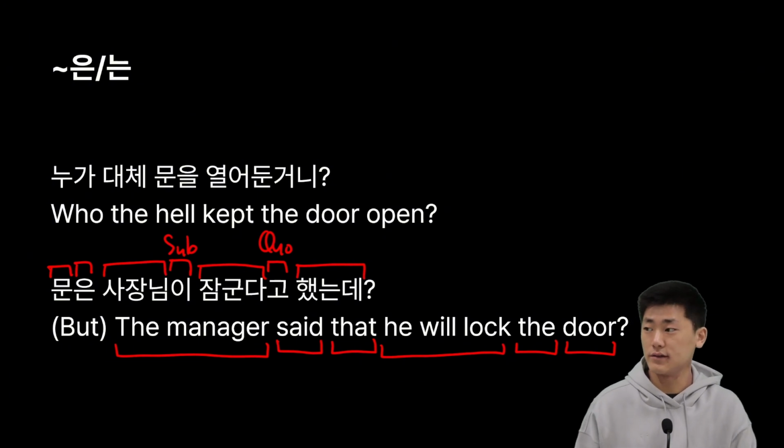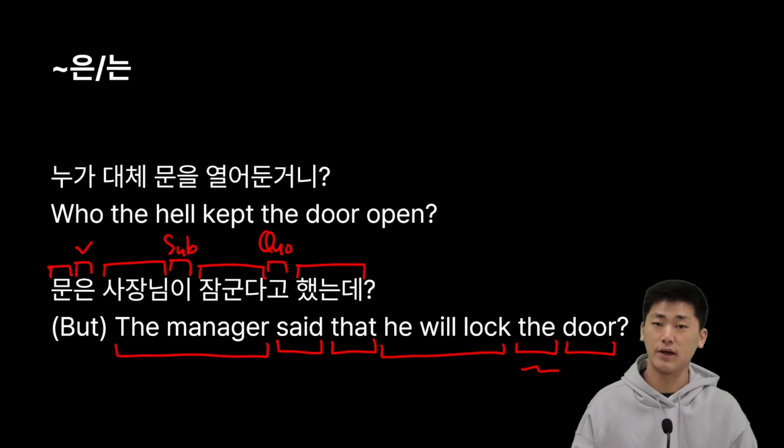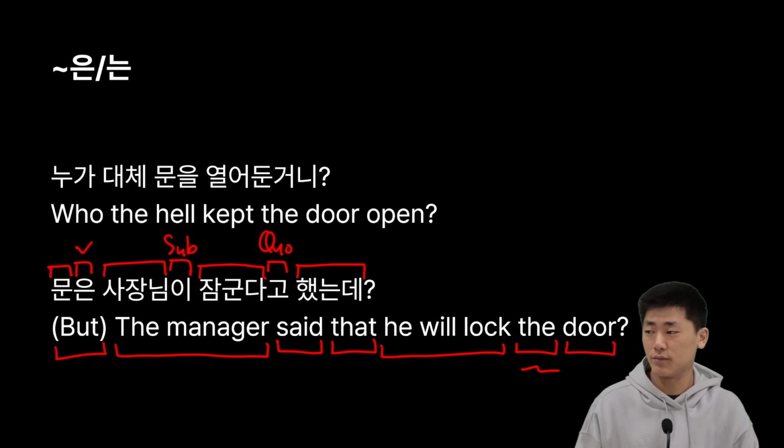And in this sentence, 은 here is translated into the determiner the, but it also implies adversativity, so it can be translated into but here.